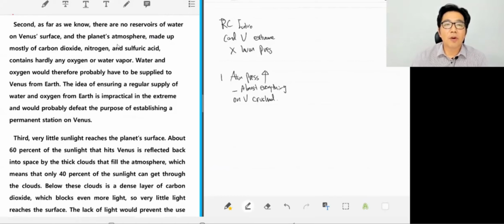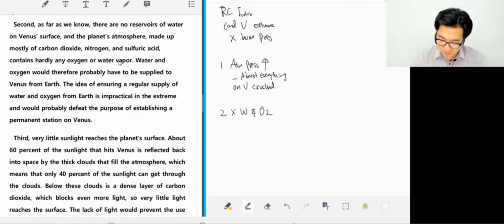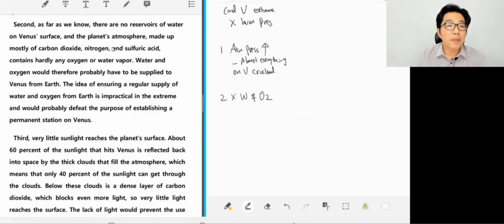It is not made up of oxygen, which we need. It contains hardly any oxygen or water vapor. So no water and no oxygen. How can humans live without water and oxygen? Impossible, right? So let's read on.